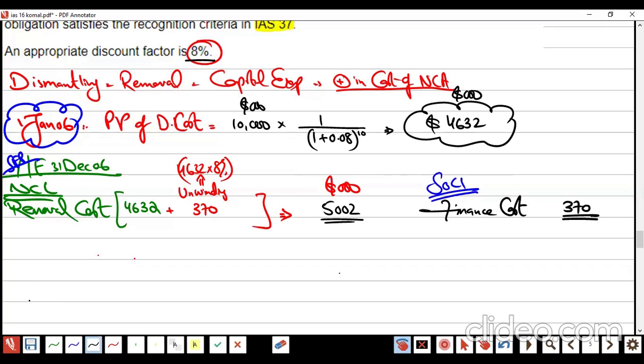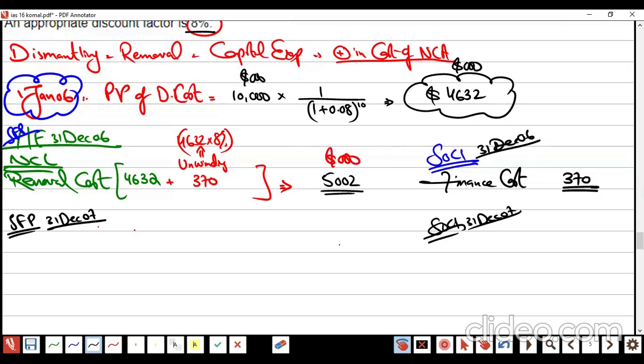The main concern in why I'm doing this is the SFP for the second year. Now, be careful, SOCI and SFP for the second year. The first year is okay, we are aware of it. We already did one question earlier. The liability, I told you, will increase a little. The closing of the previous year is the opening of the next year, right?